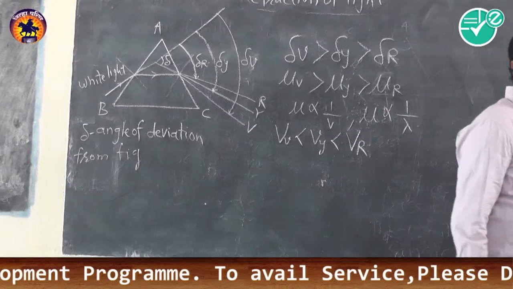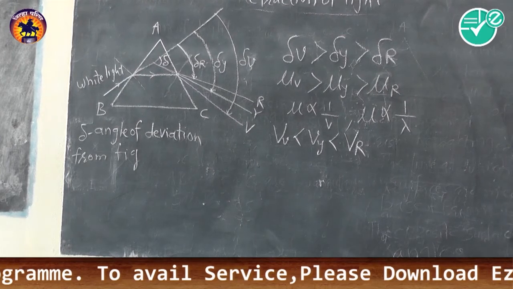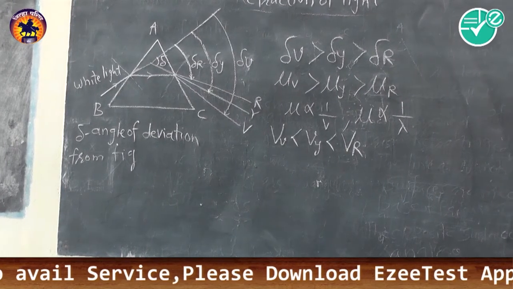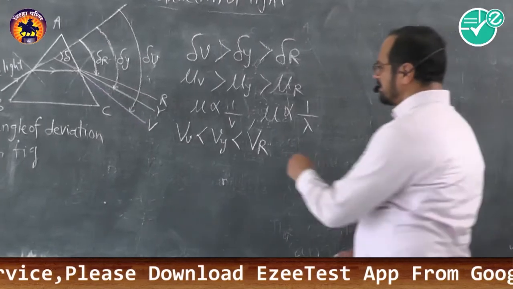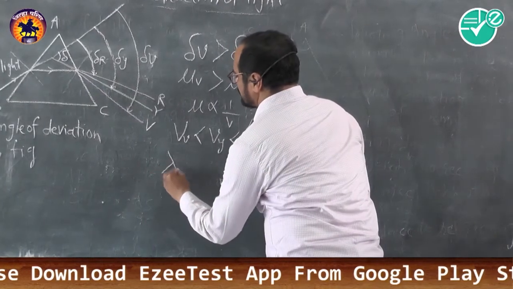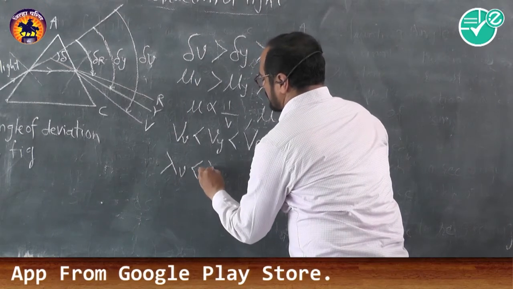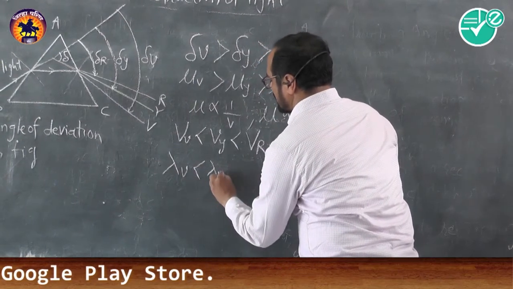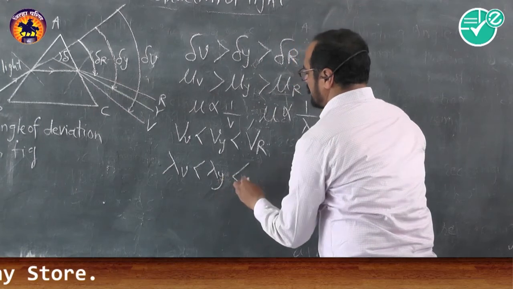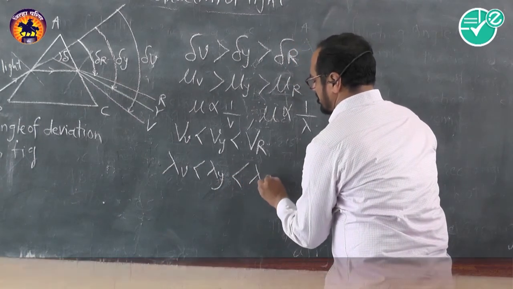Now you know velocity is directly proportional to wavelength. So we can also write here lambda V is less than the wavelength of yellow color, and it is also less than the wavelength of the red color.